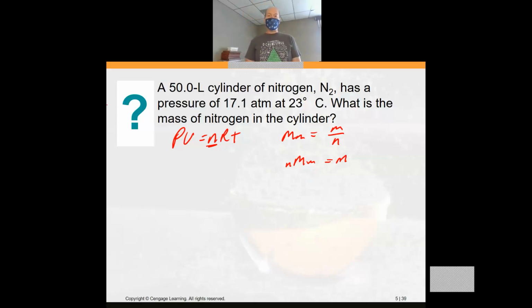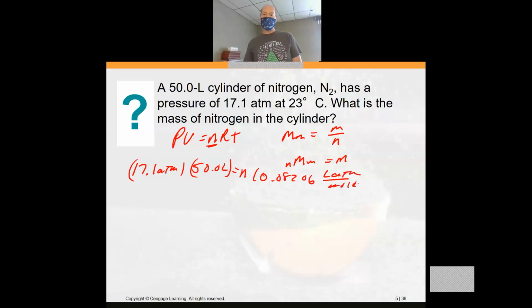All right, so pressure, 17.1 atmospheres. Volume, 50 liters. N is what we're solving for. R is 0.08206 liter atmosphere per mole Kelvin.